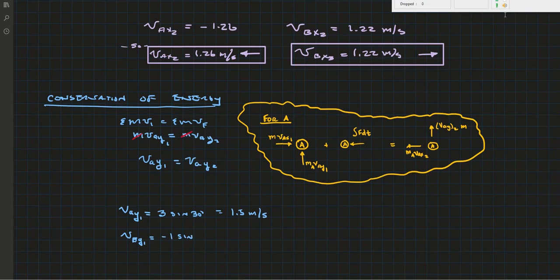It'll be minus 1 because B will be down. That equals 0.7071.